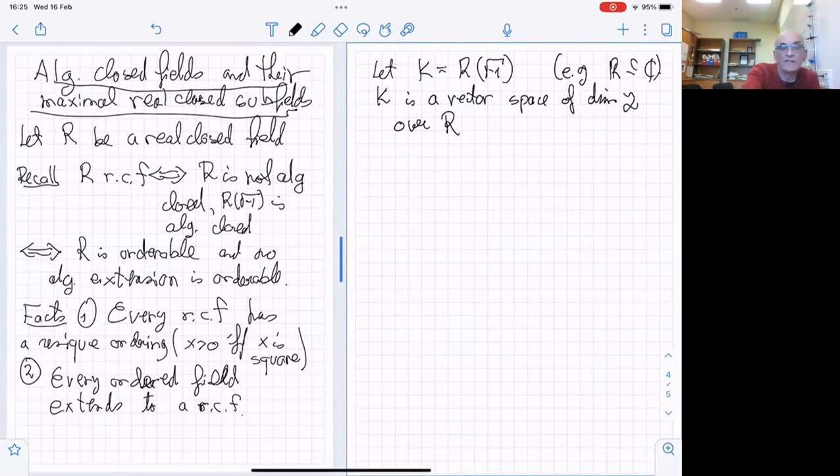And thus it has many ways of identifying it with R square, and we will identify it with R square.